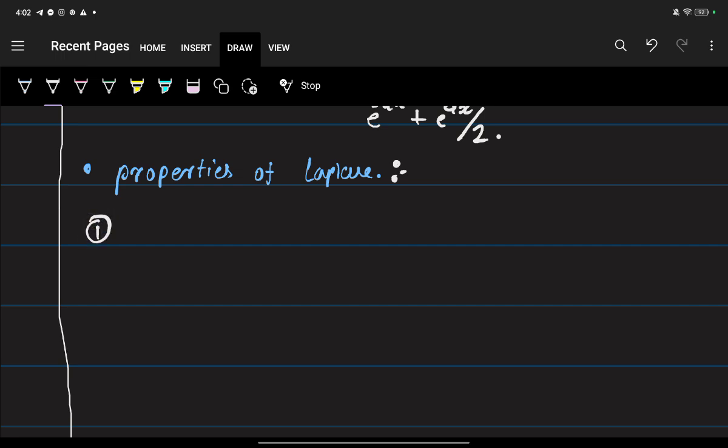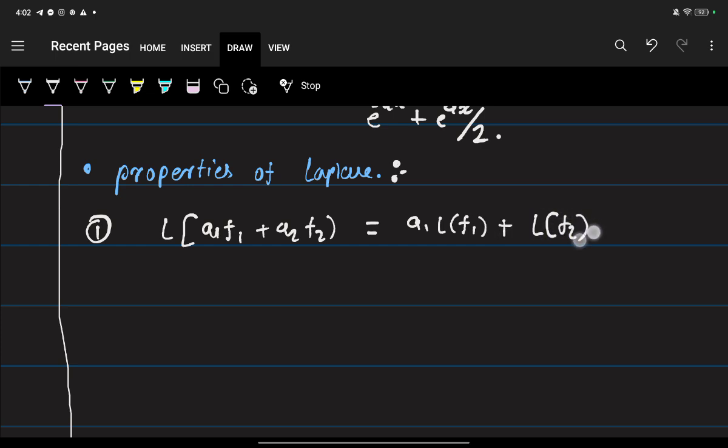So first is the linearity property. It is very easy. The Laplace transformation of a1 f1 plus a2 f2 is basically a1 times the Laplace transformation of function f1 plus a2 times the Laplace transformation of function f2. The second property is the shifting property. What is this shifting property?